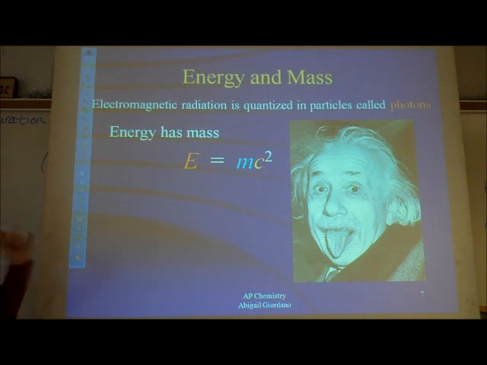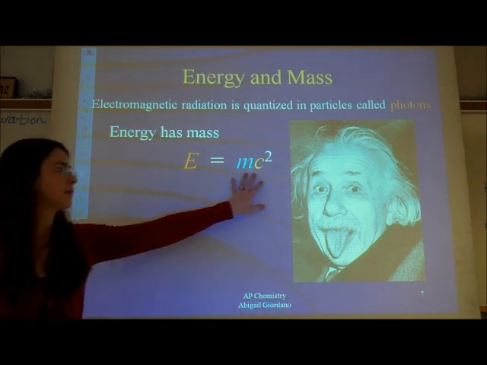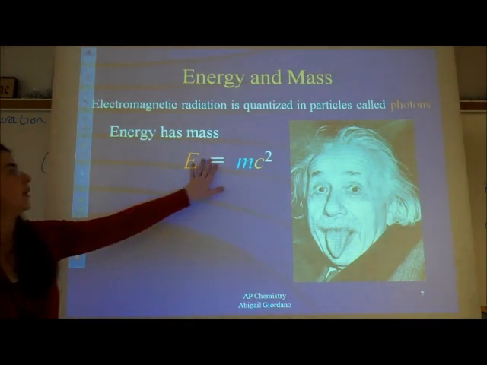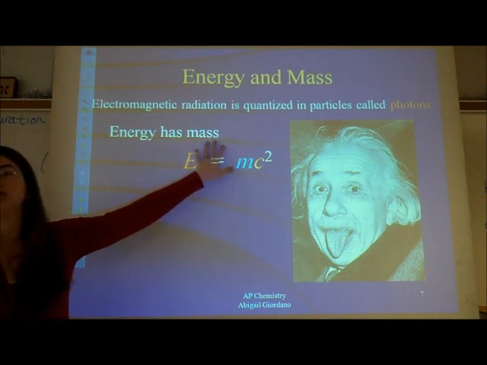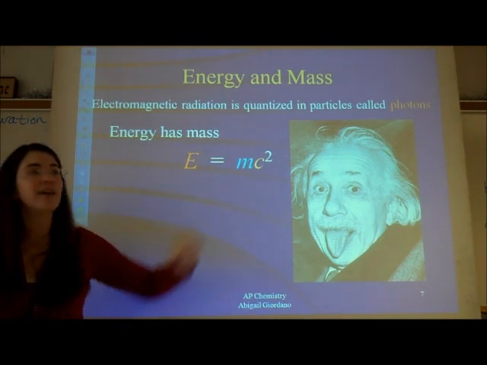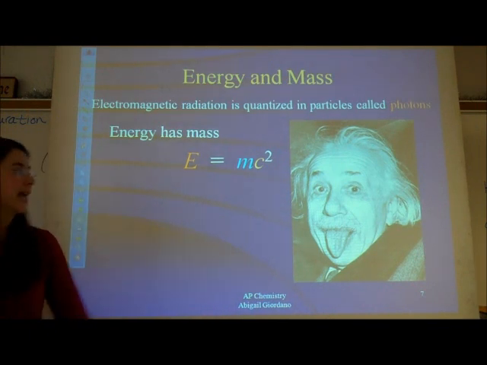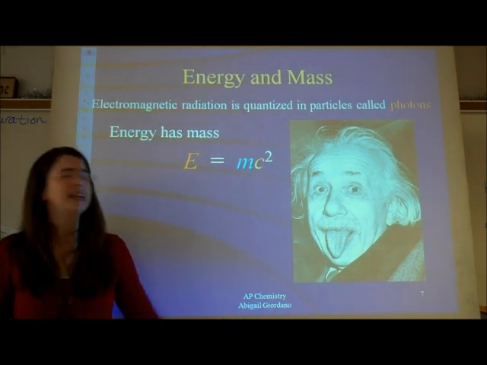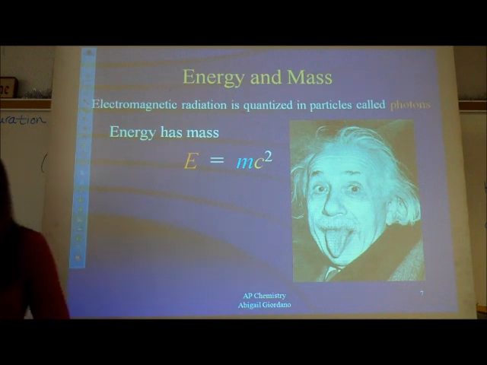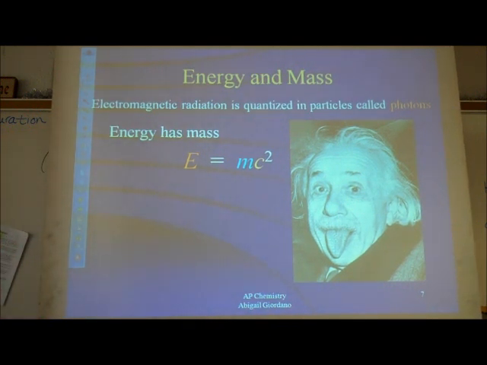And Einstein's famous equation says that anything that contains energy, like all of these waves we've been talking about, has mass. And he's the physics guy. He's saying that. Come on, physics, get on board. But they're going to show you some mathematical equations that prove that anything that has energy doesn't have mass.